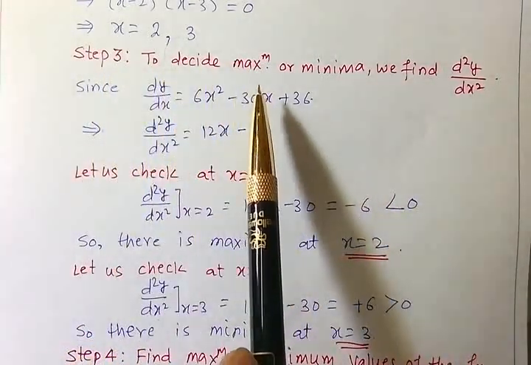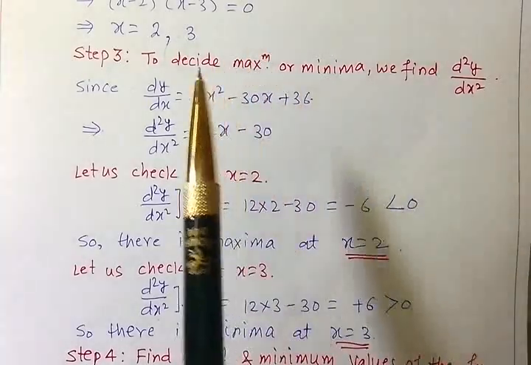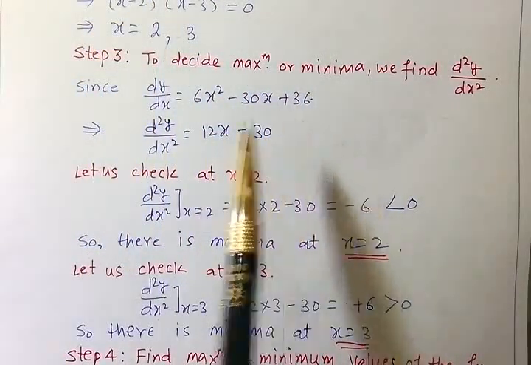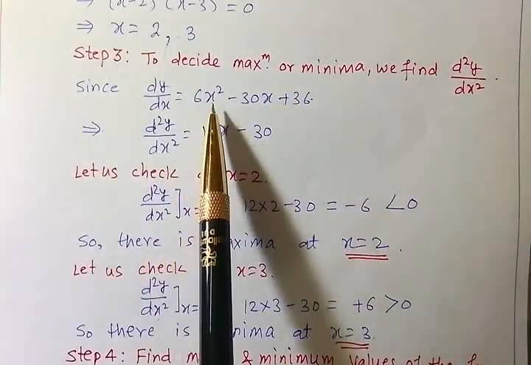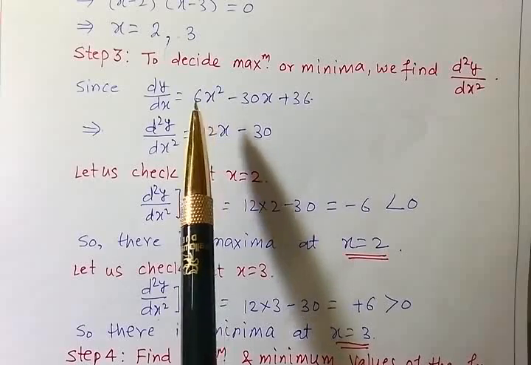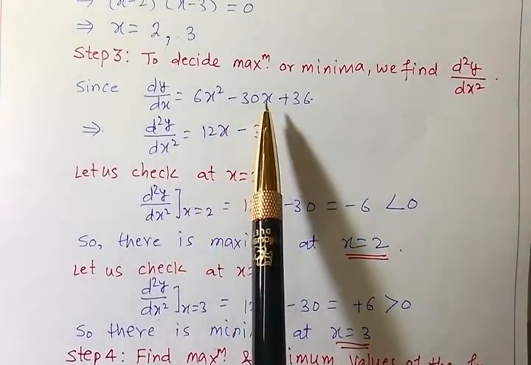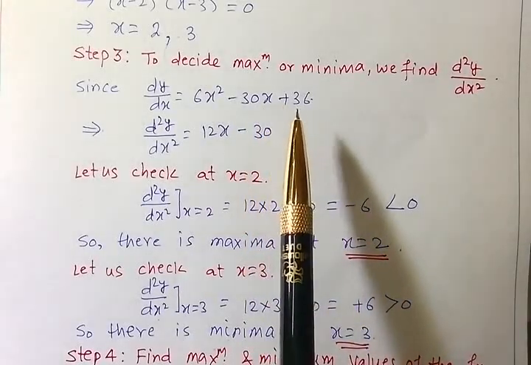To decide maxima or minima, we find d2y by dx square. So where is dy by dx? Here, I have already written it. Now this dy by dx is to be differentiated again. So derivative of x square is 2x, into 6 gives 12x, minus derivative of x is 1, so 30 into 1 is 30, plus 36.